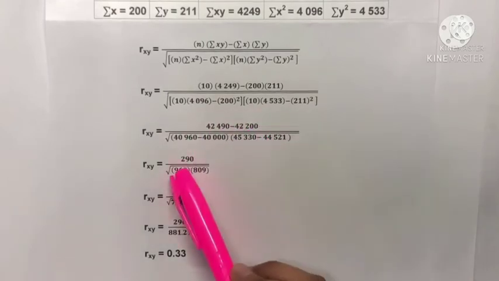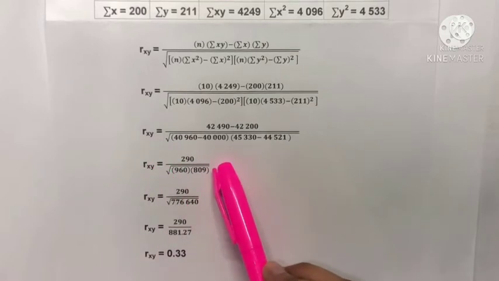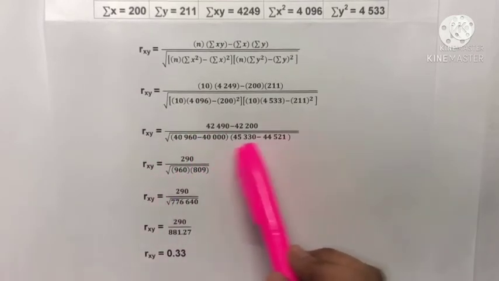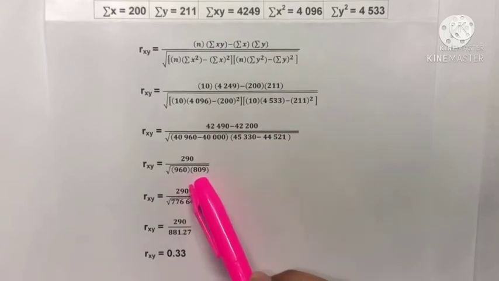So if we will subtract this, we have 290 over, if we will subtract this, we have 960, and if we will subtract this also, we have 809.